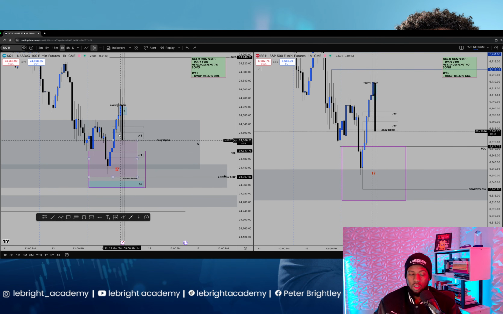Now after the retracement, like I said, I'm paying attention to the daily open, because if we close below the daily open, that might be a sign telling us the high of the day has been set. Low of day set, high of day set, you can choose either one of them to keep going in the direction.